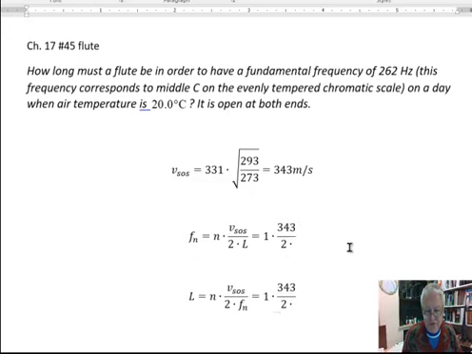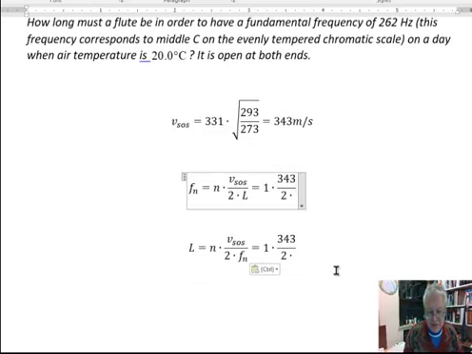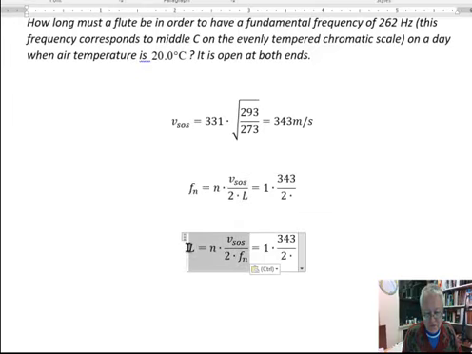Okay, and I'm back as I try to fix this. So actually, I shouldn't type anything in here because I'm supposed to figure out what the capital L is. So I have to do a little bit of algebra, but it's no big deal because I just have to swap the length with the frequency, which I did right here.